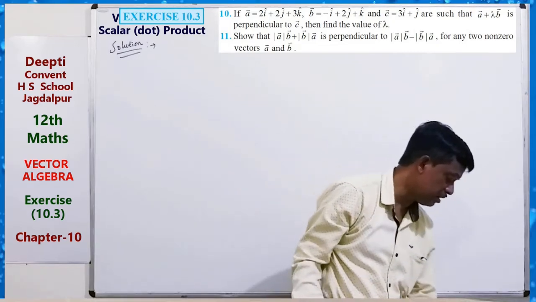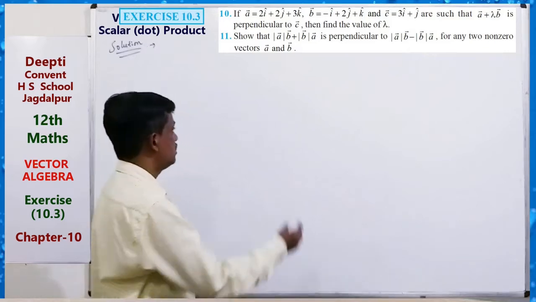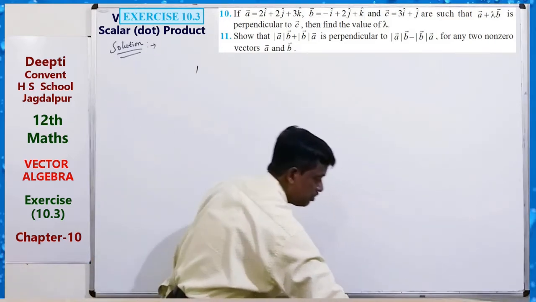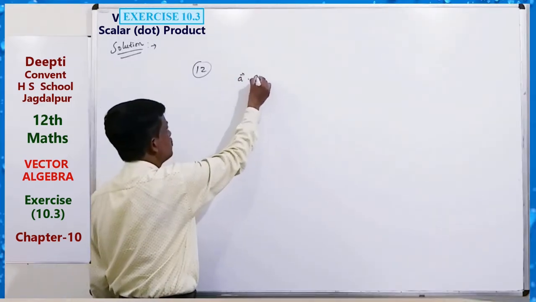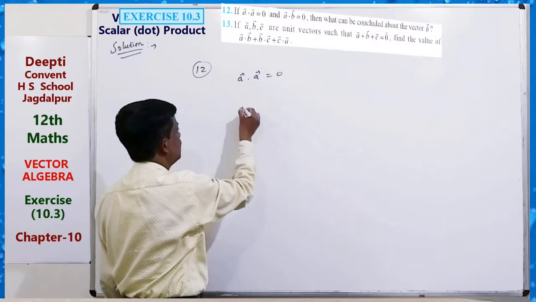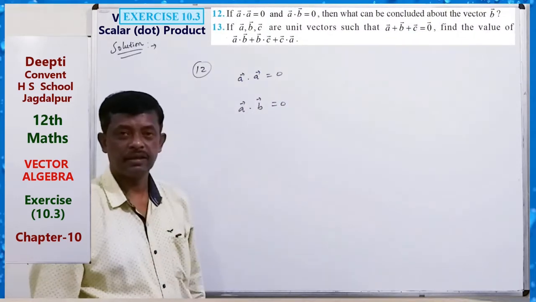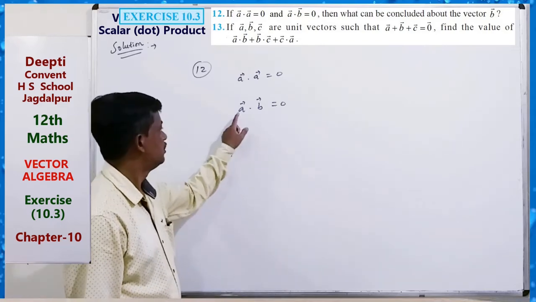A dot A is 0, A dot B is 0. What can we conclude about the vector B? Both are 0.